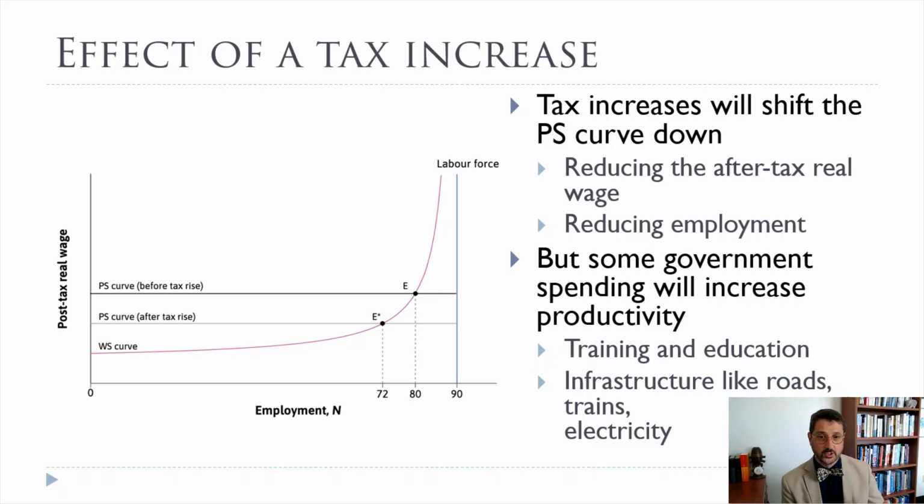Those things increase productivity as well. And so those would shift up the price setting curve. So really it's a balance of trying to figure out, okay, how much of our spending will shift up the price setting curve and increase real wages and decrease unemployment? And how does that balance with the fact that just imposing those taxes shifts the price setting curve down?